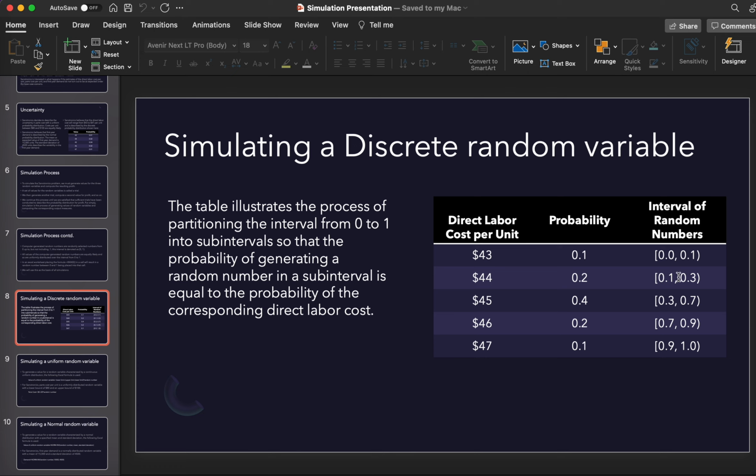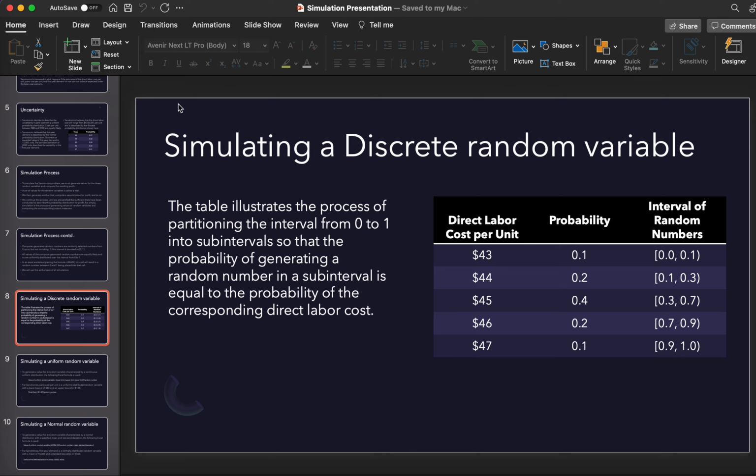Now, in Excel, we don't need to generate the upper ends of the intervals. We only need to know the lower end of each interval: 0, 0.1, 0.3, 0.7, and 0.9. As long as we know the lower values, we know what the intervals are: 0 to 0.1, 0.1 to 0.3, 0.3 to 0.7, then 0.7 to 0.9.